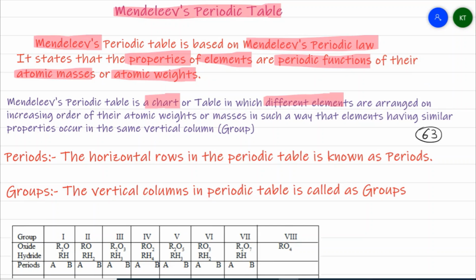Here I arrange elements in increasing order of atomic mass in such a way that elements having similar properties fall in the same vertical column, which we call a group. All the elements possessing similar properties fall under one same group, that is, a vertical column.